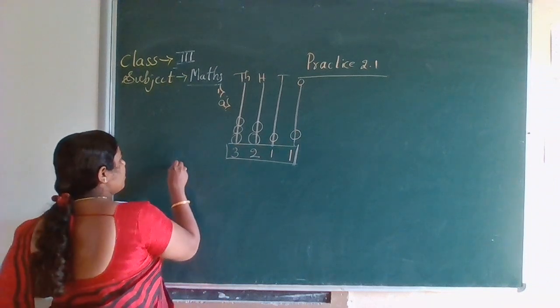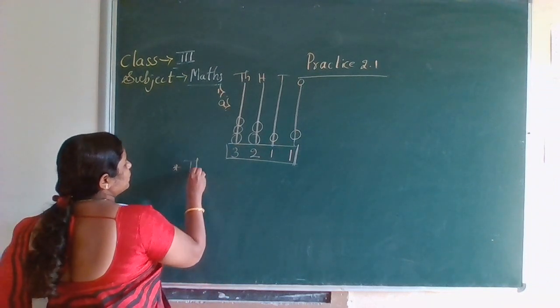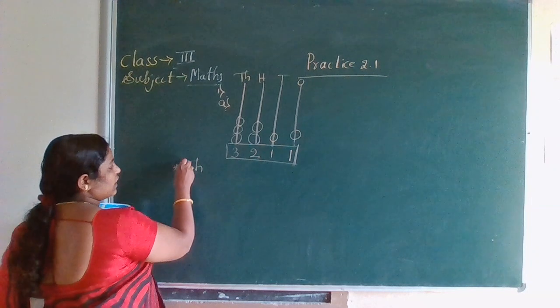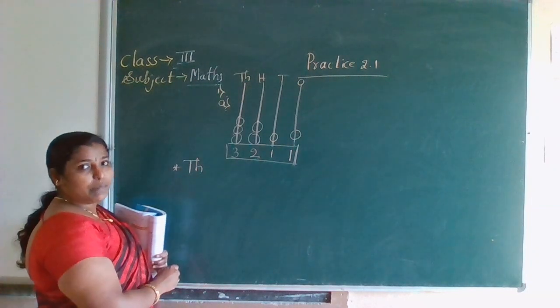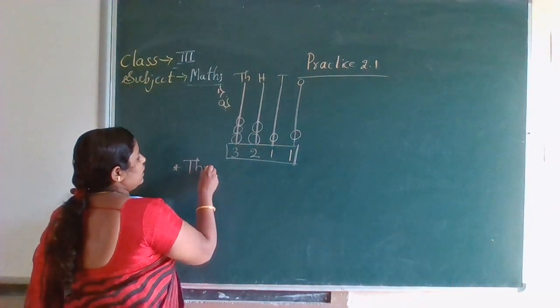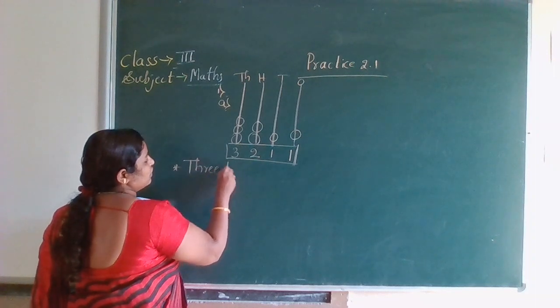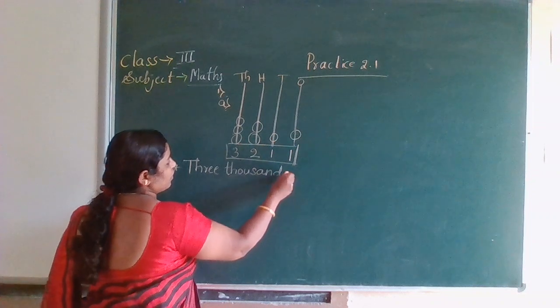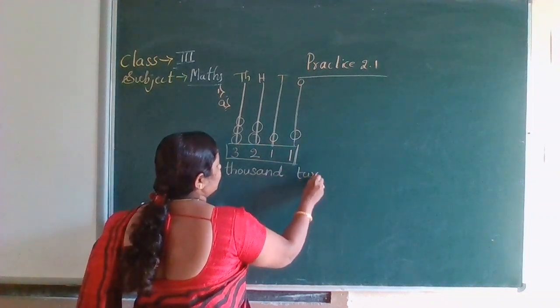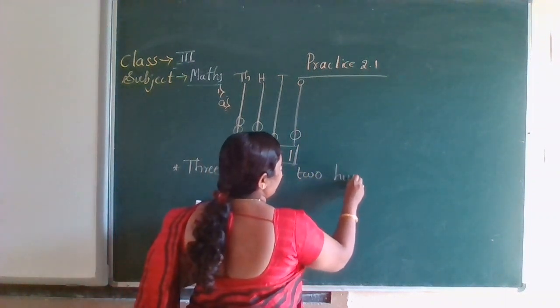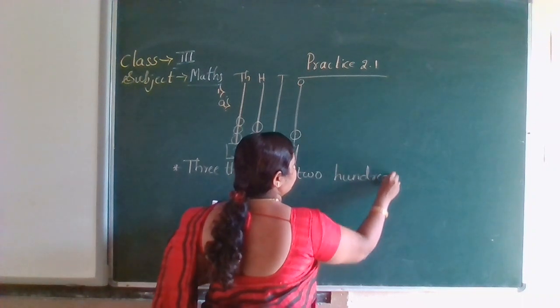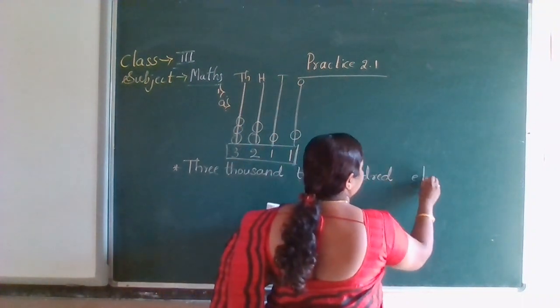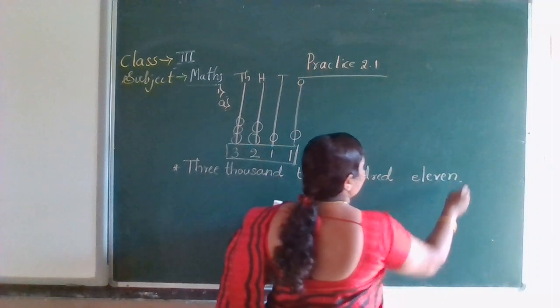So what is the number name? Three. First letter should be capital. T should be capital. Three thousand, two hundred eleven.